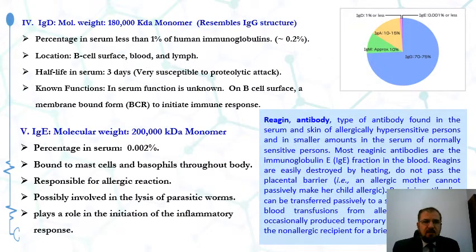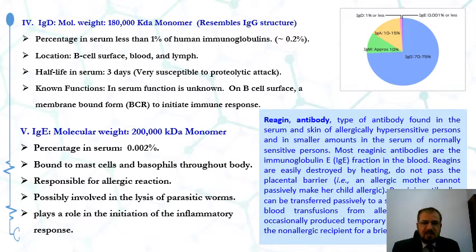Number 4, the IgD. The IgD molecular weight is about 180 kilodaltons. It is a monomer. The percentage in serum is very low, less than 1%. The location of IgD is on the B cell surface.